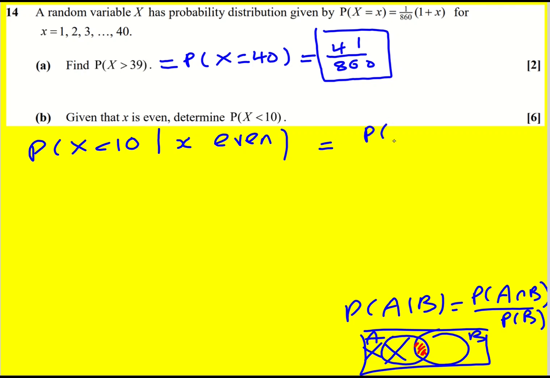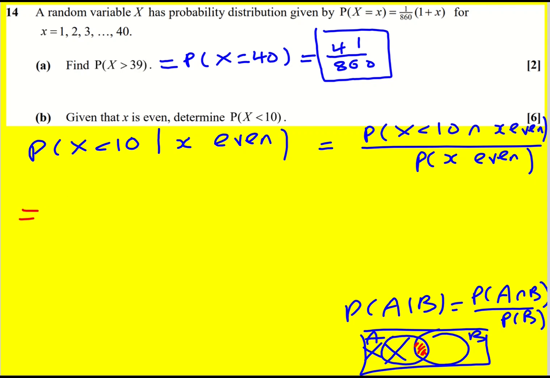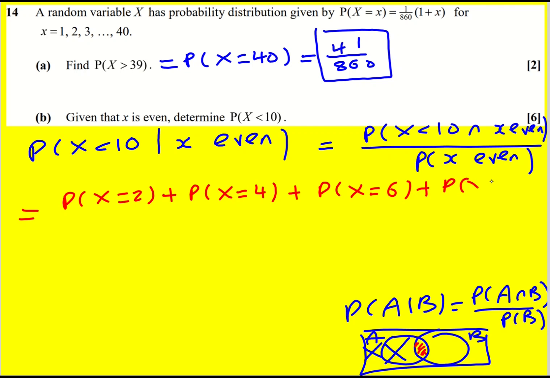It's going to be the probability that x is less than 10 and x is even divided by the probability that x is even. So if it's less than 10 and even, then it's got to be the probability that x equals 2 plus the probability that x equals 4, then 6, and then 8.